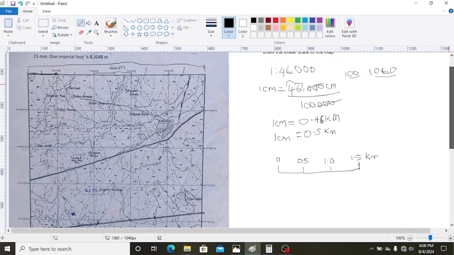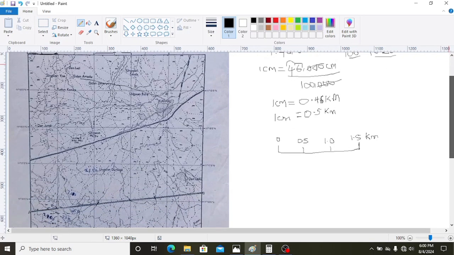I hope you are getting what I'm saying. Maybe you don't want to use 1 centimeter equals 0.5 kilometer. You may decide to use 0.5 centimeter. Instead of measuring 1 centimeter here, you use 0.5 centimeter, and the values here are going to change. From above, we have 1 centimeter equals 0.5 kilometer.